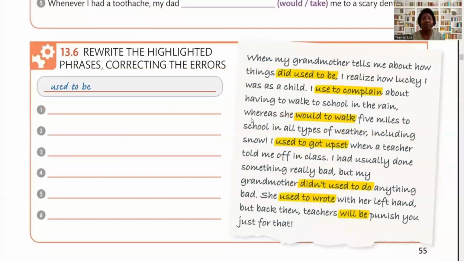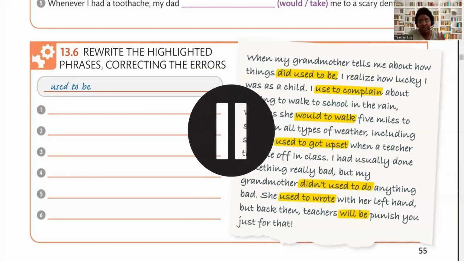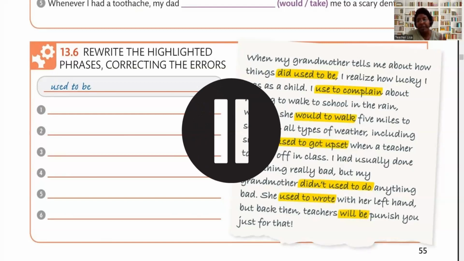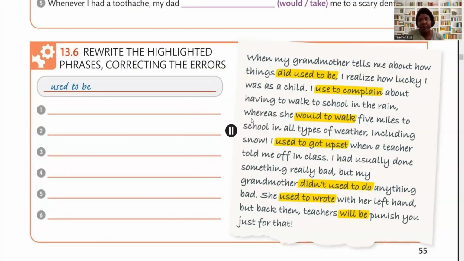We're going to rewrite the highlighted, correcting the errors. So let's read the entire paragraph here, and then we're going to correct it together. When my grandmother tells me about how things did used to be, I realize how lucky I was as a child.